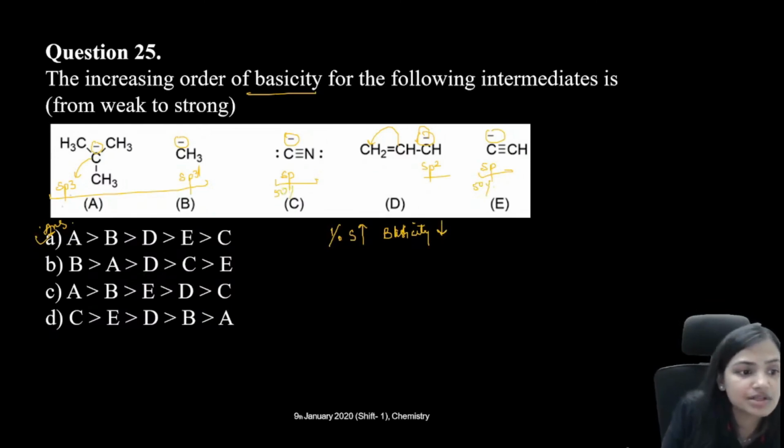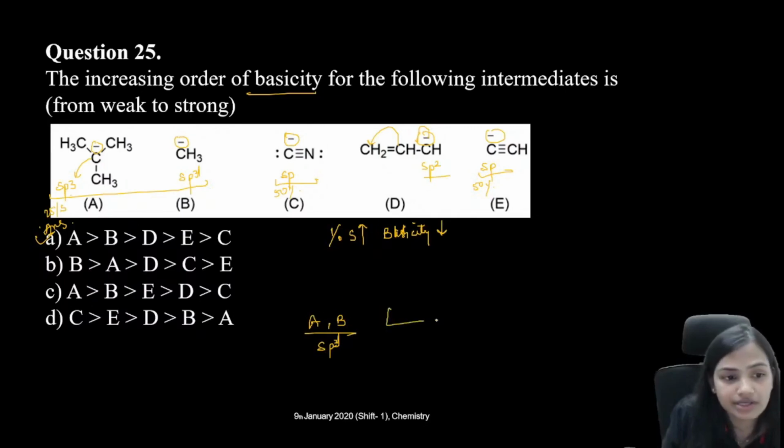In the case of sp3, how much s character do we have? We have only 25% s character, the lowest. So it was very clear A and B are going to be more basic because of sp3, and then after that comes D because it is sp2, and then after that comes C and E. Why?